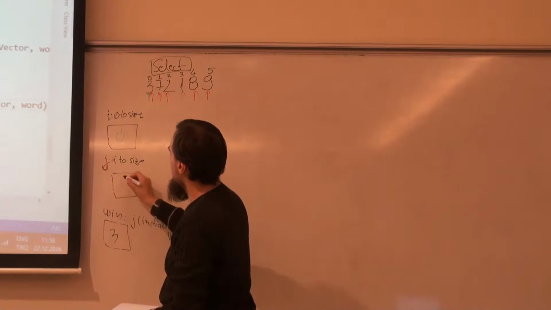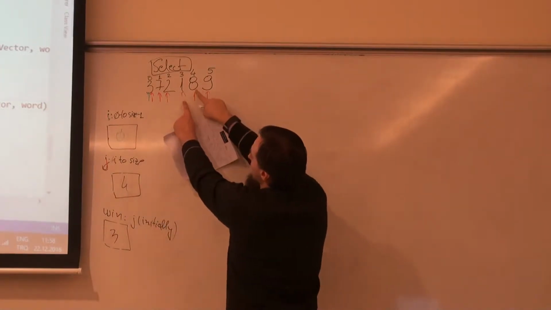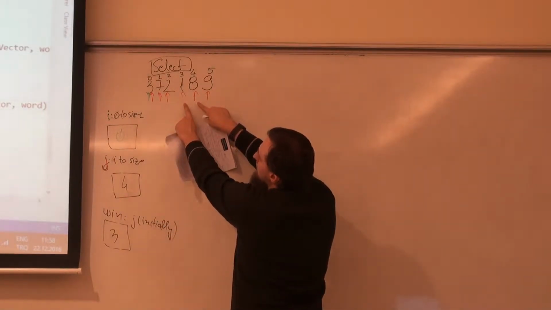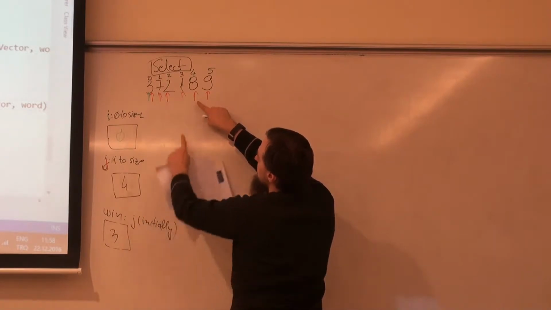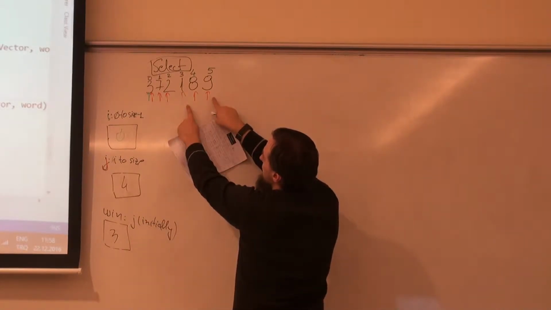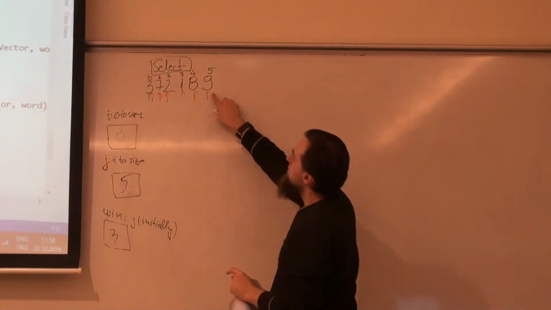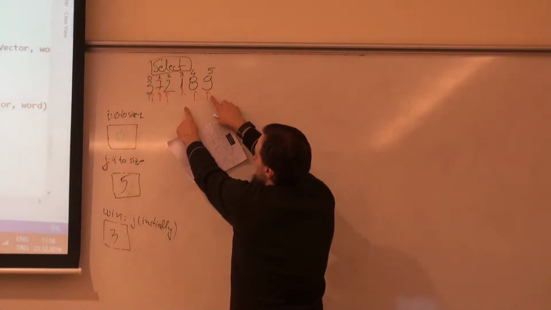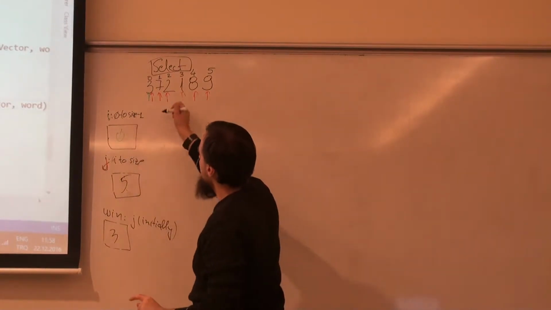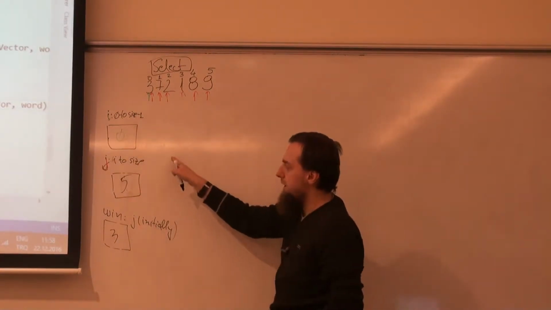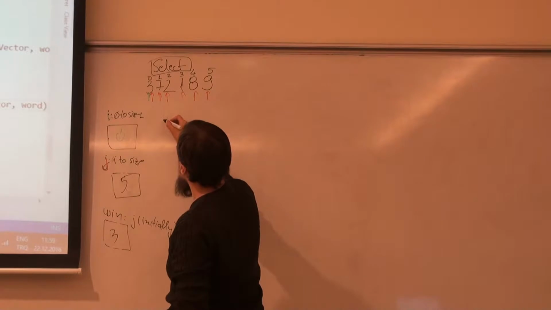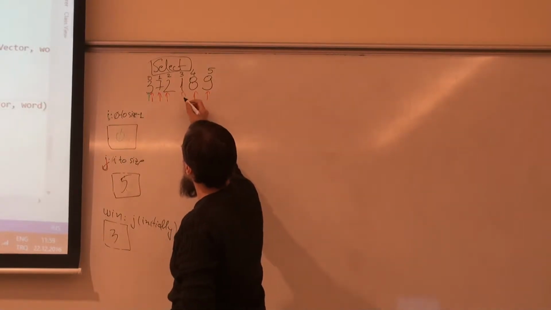Then I increment j to 4, and I compare 3 and 4. For the time being, 3 is still smaller. Then j goes to 5, and 3 is still smaller. I'm finished with the first pass, meaning from i to the end.